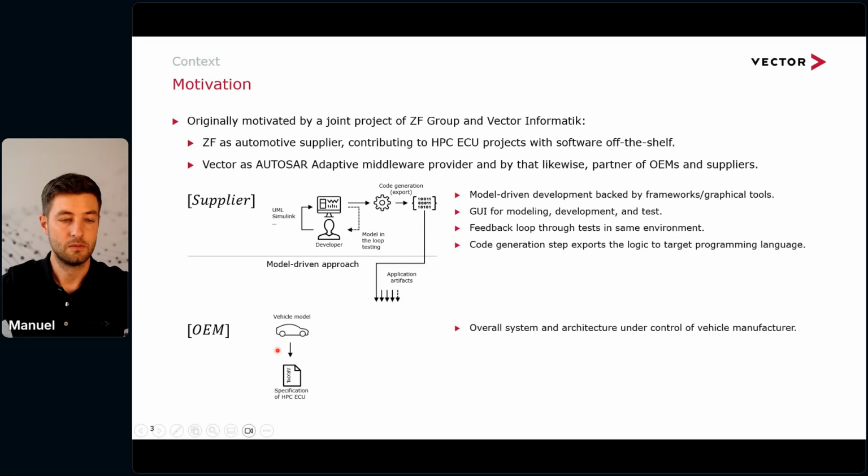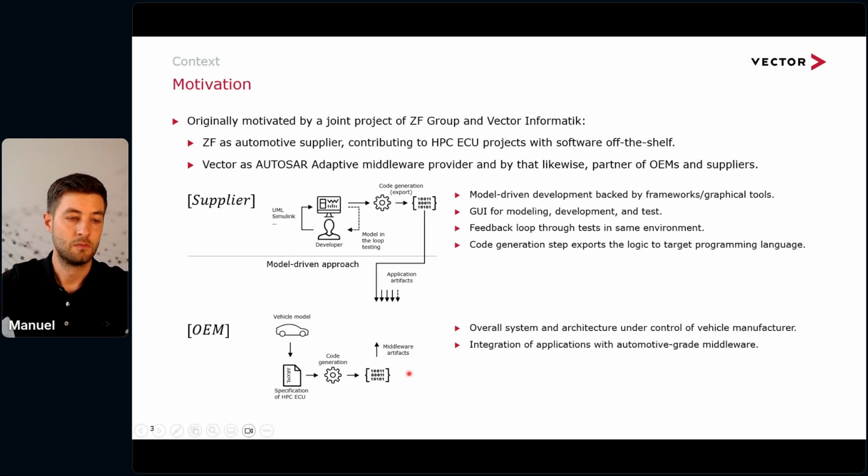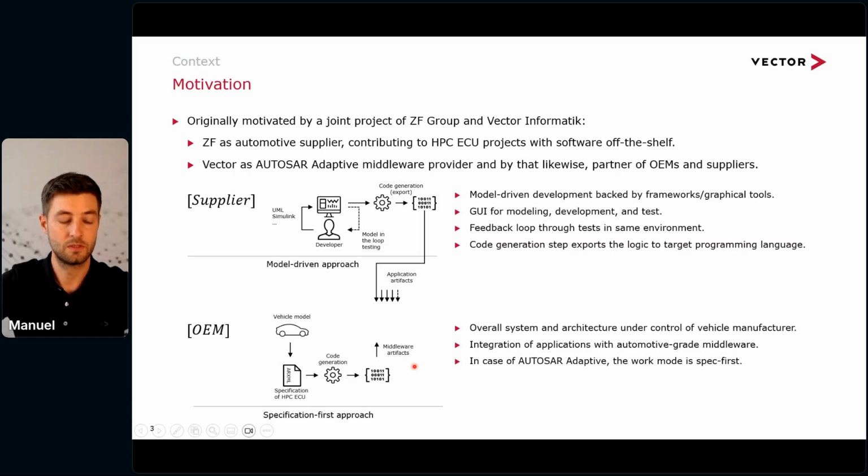And from there derived, we have specifications of the different ECUs in the vehicle. And in case of the HPC system, we have typically an operating system, POSIX-based typically, and on top a so-called middleware, automotive grade, fulfilling certain quality requirements.